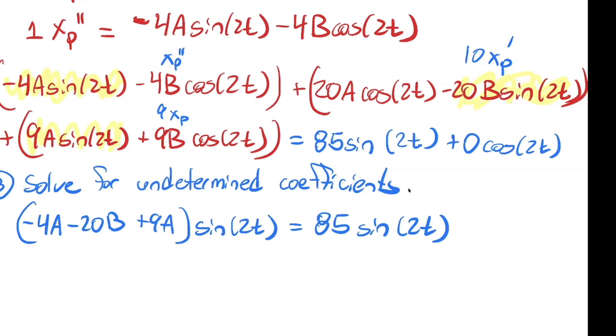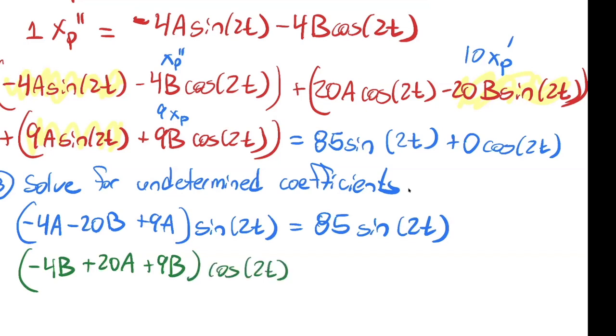And then we have a second equation from the cosine terms, which would be minus 4b, we have minus, a plus 20a and a plus 9b. And they should all cancel out so that none of the cosines remain.